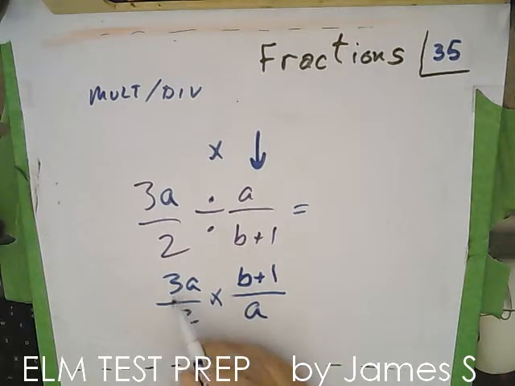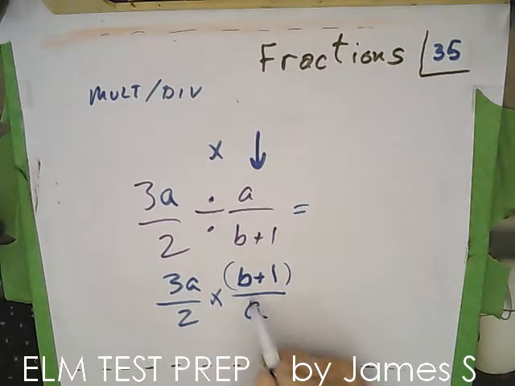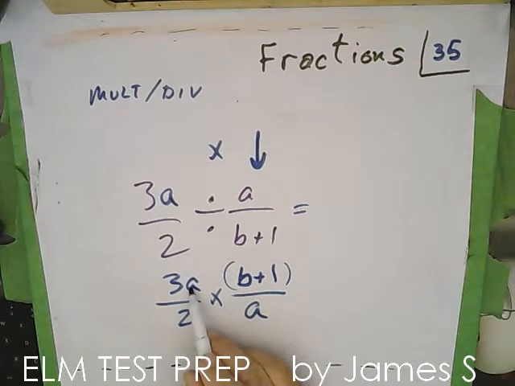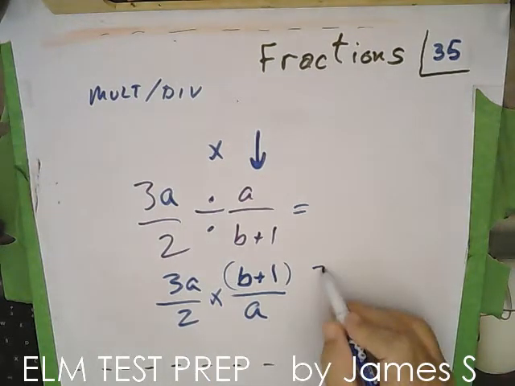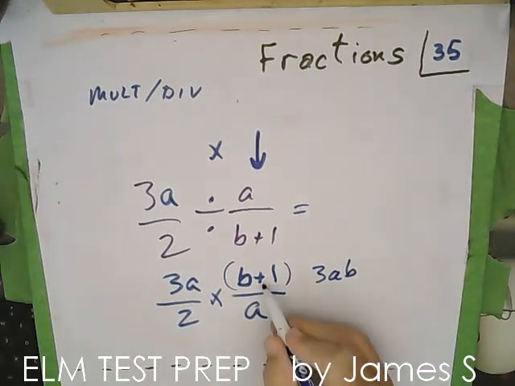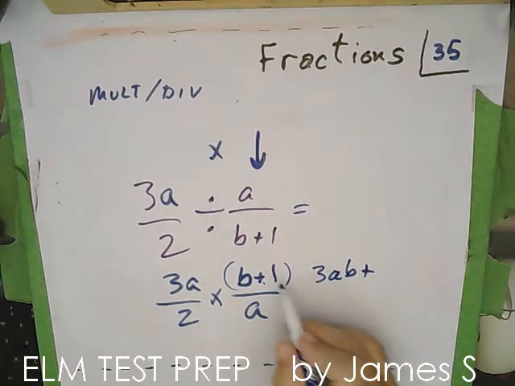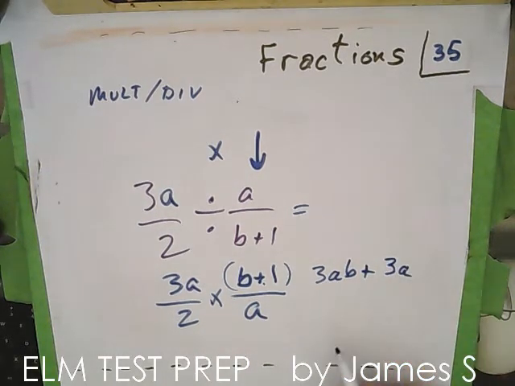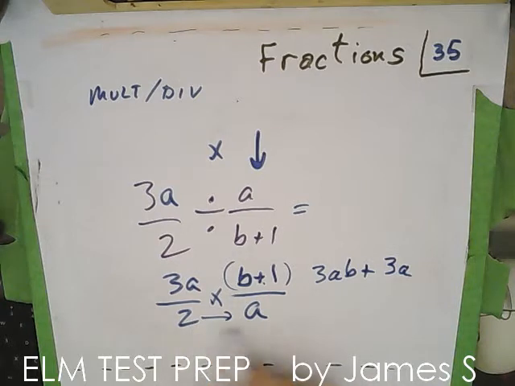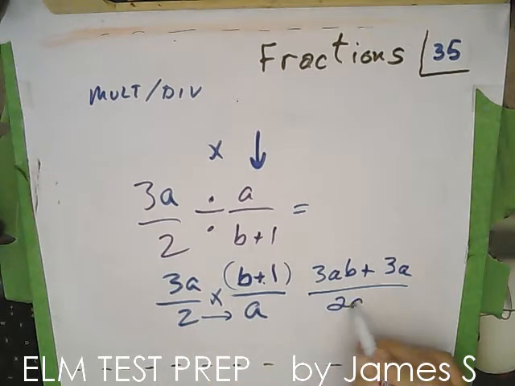Top to bottom, top. So this is a quantity with a separator. So I have two terms over here I'm multiplying by 3a. So I'm going to multiply 3a times b, there's 3a times b, plus 3a times 1, which is just 3a. And then I'm going to multiply the bottoms, which is just 2a.